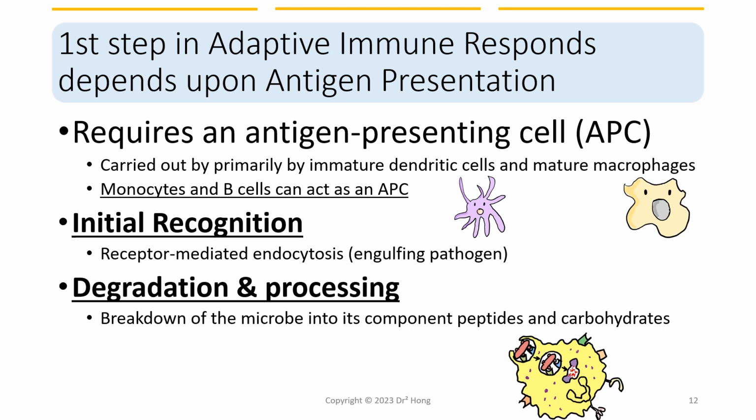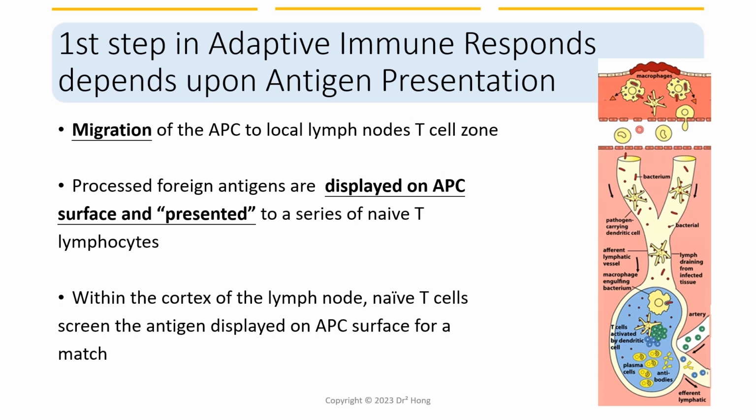Basically, that pathogen is going to be broken down into component peptides and carbohydrates and things of that nature, and presented back out to the cells in the adaptive branch. We've talked about this concept briefly in the first one or two lectures in the series. So here is a recap.